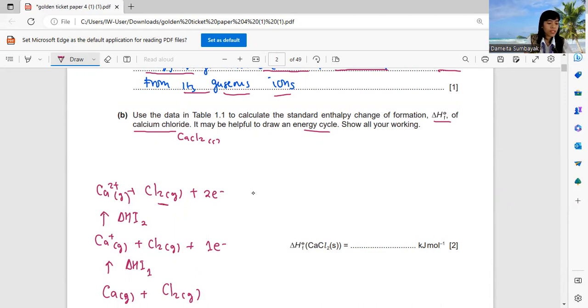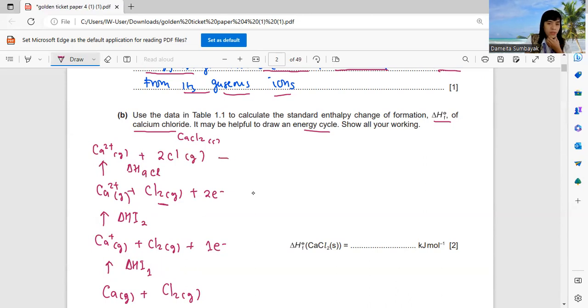Next, we need to convert Cl2 gas into its atoms, into Cl gas. So right here, we copy Ca2+ gas plus 2Cl gas. We call this delta H atomization of Cl.